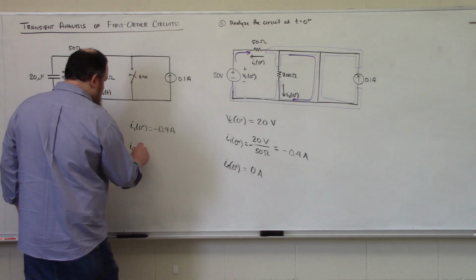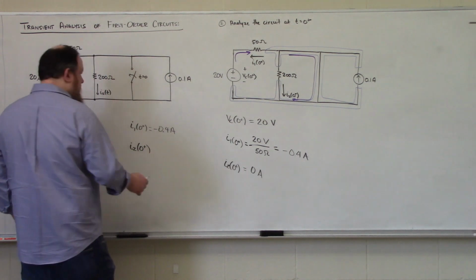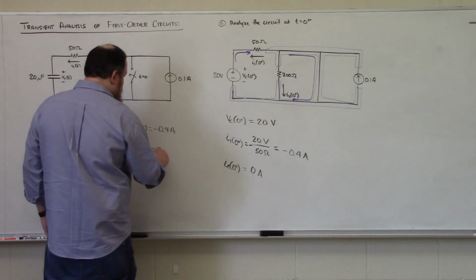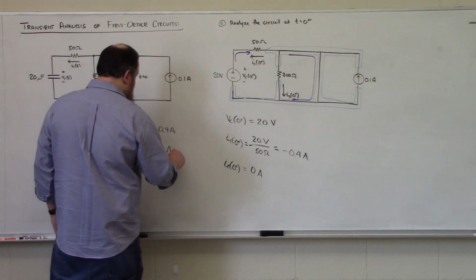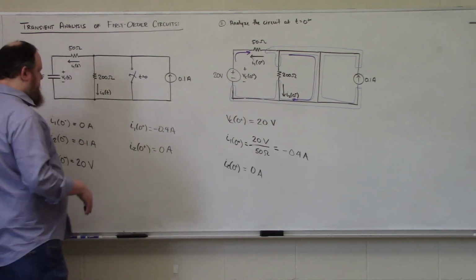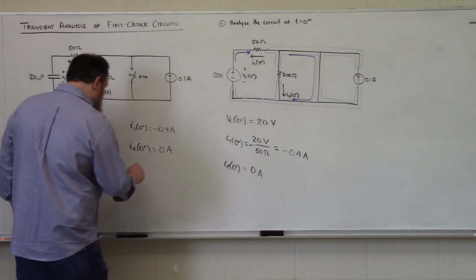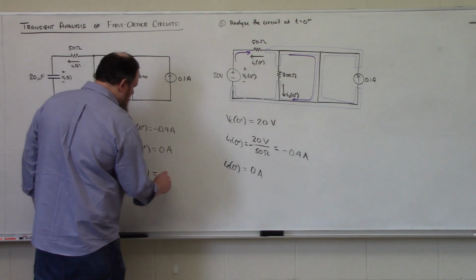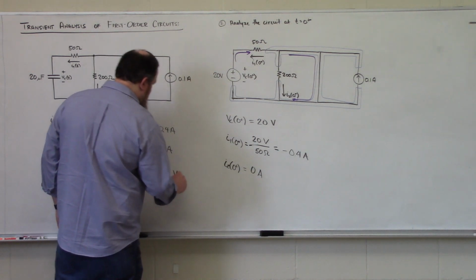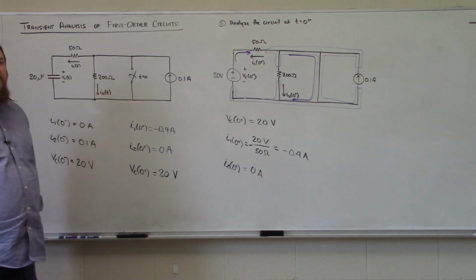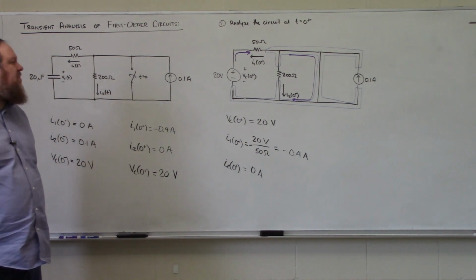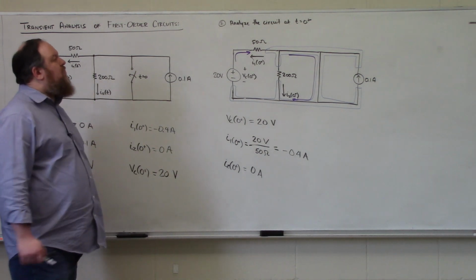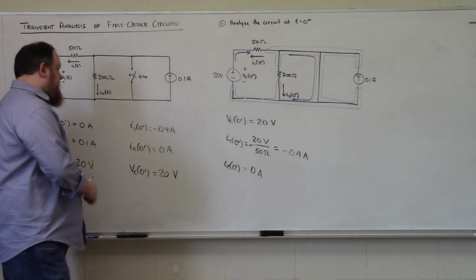I2 has changed from 0.1 amps down to 0 amps. And our voltage drop over our capacitor, VC of 0 plus, must remain 20 volts. So we have successfully determined all three of our quantities in question for the circuit at t equals 0 plus.